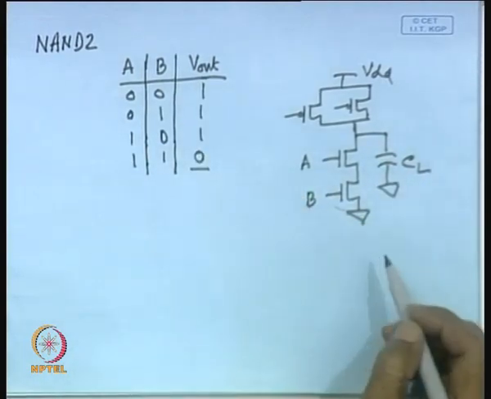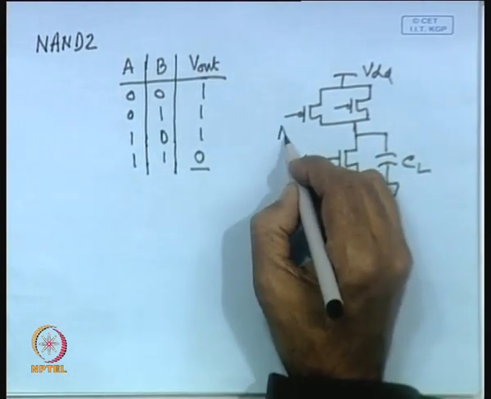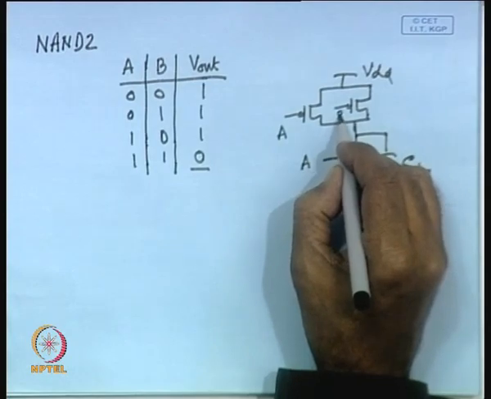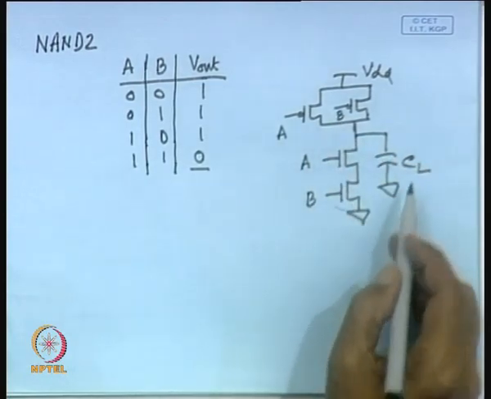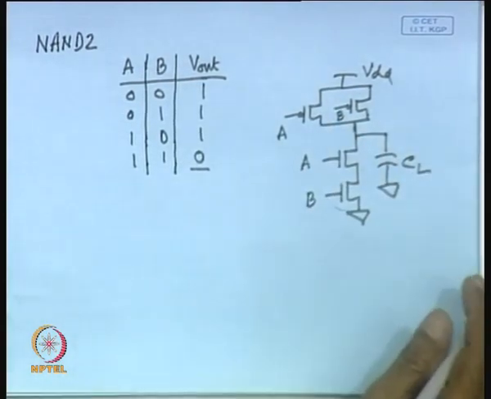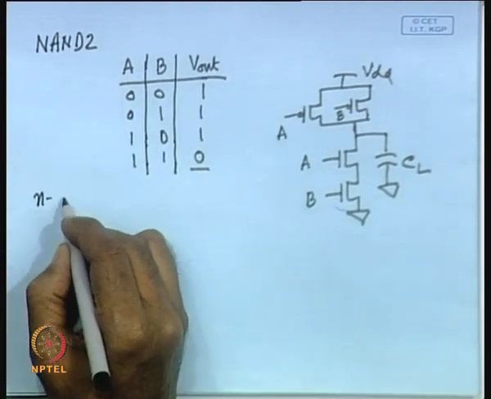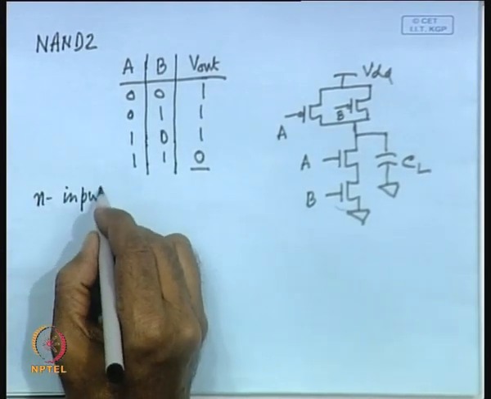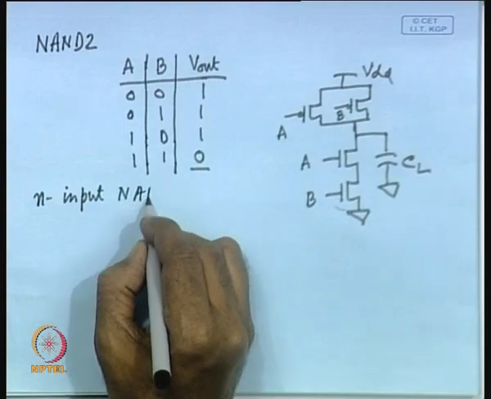So, it will become 1. This is how you can realize a 2 input NAND gate, and in this way you can extend this concept to realize an n input NAND gate.